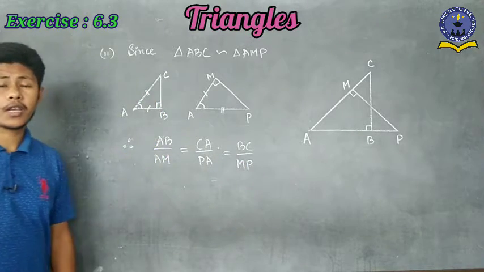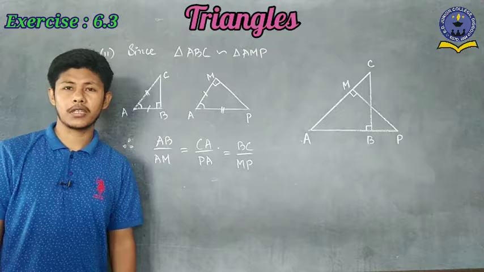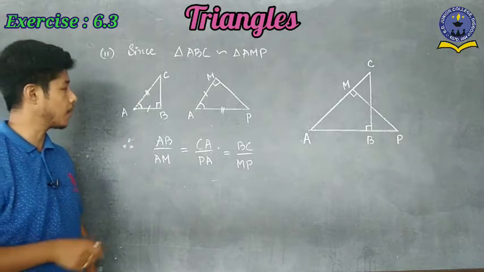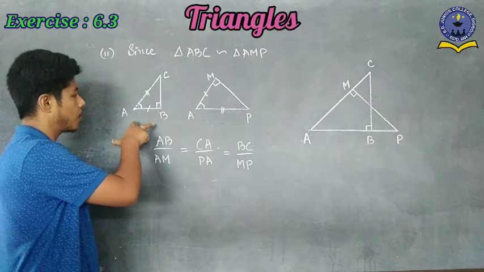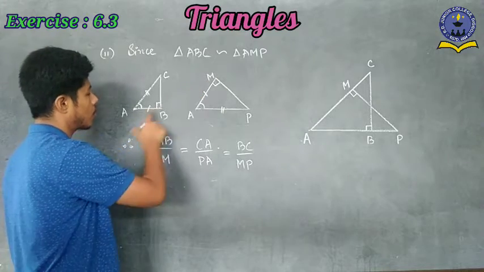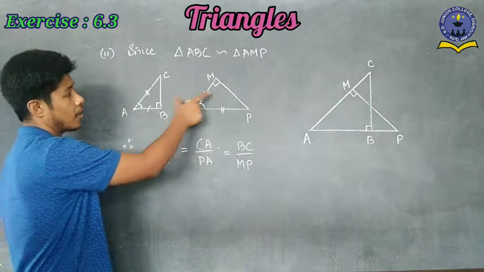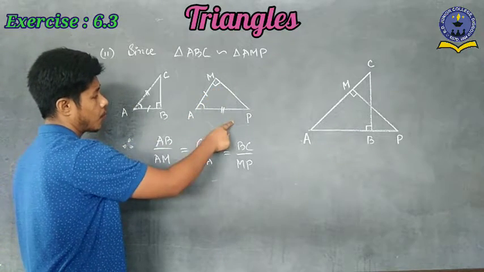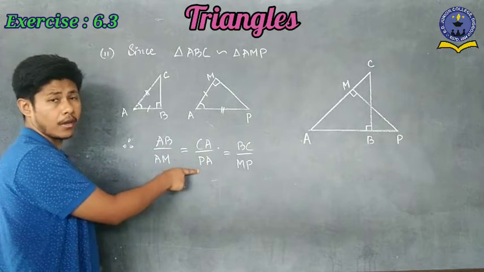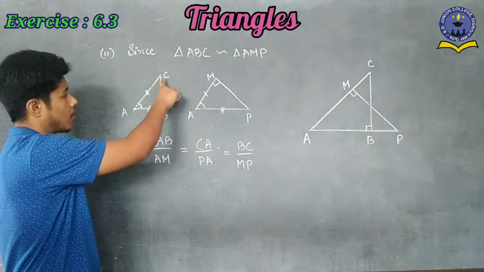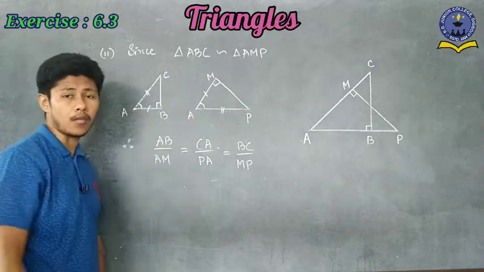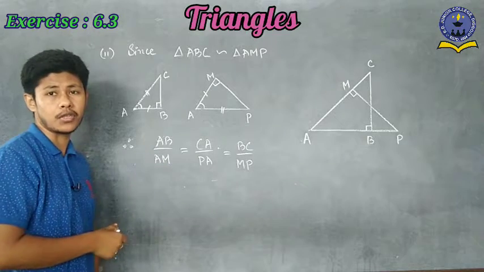In this way we can identify the ratio of their corresponding sides. Is it clear? So again, if we repeat one more time: AB by AM, because of the included side, then the opposite of 90 is CA, and here the opposite of 90 is PA. So that's why we write CA by PA, and finally the third side remaining here is BC, and here MP. So we write BC and MP.